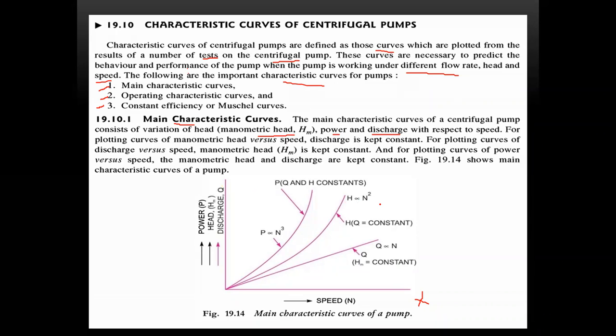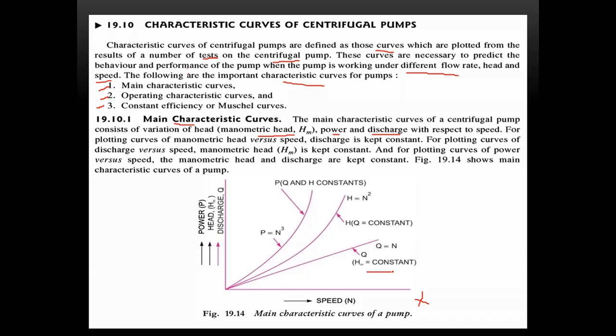For plotting the curves of discharge versus speed, HM is kept constant, and for plotting the curves of power versus speed, the manometric head and discharge are kept constant. The power is inversely proportional to the speed, right? Here HM is constant, Q is constant.